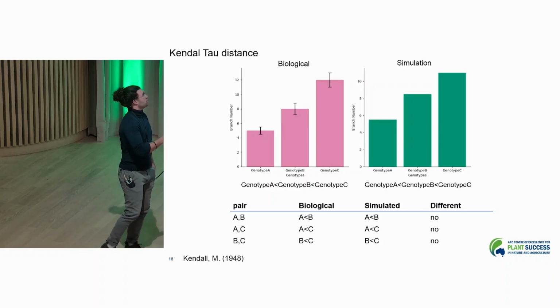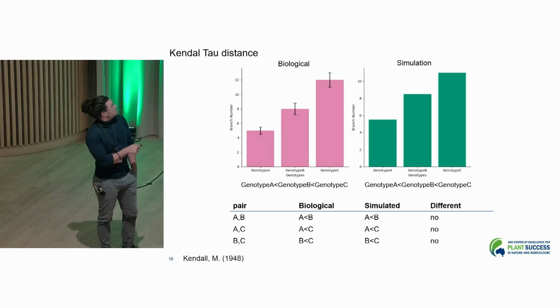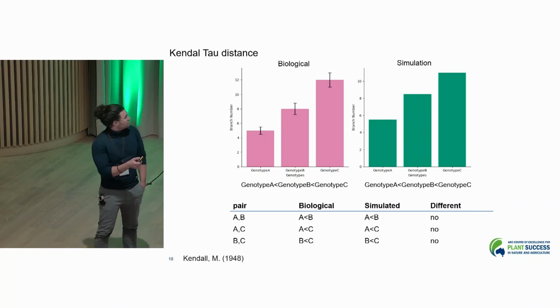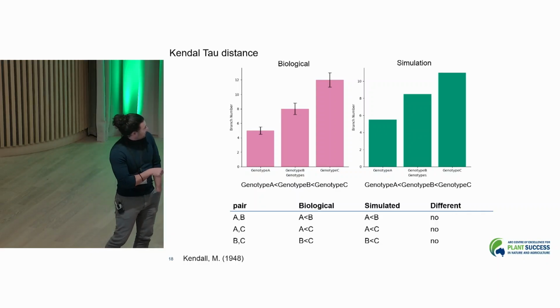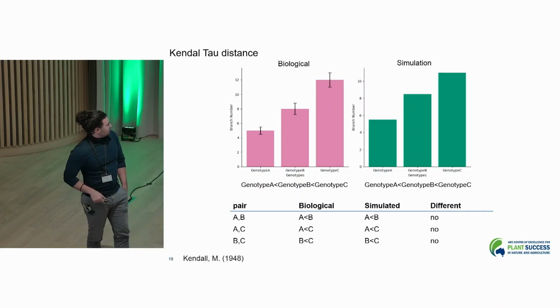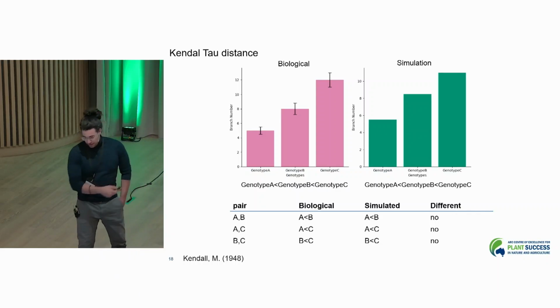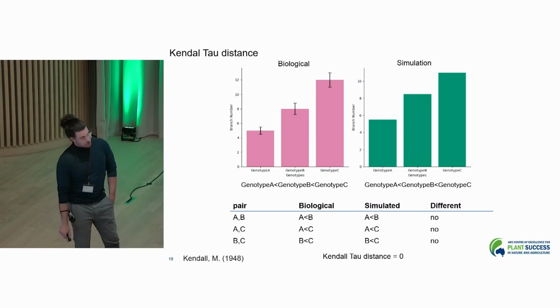So for example, if we have 3 genotypes with different branching numbers, they give us a ranking, and then we do the simulation, take a ranking, and compare how similar or dissimilar they are. In that case, they're exactly similar, so the Kendall-Tau distance will be 0.